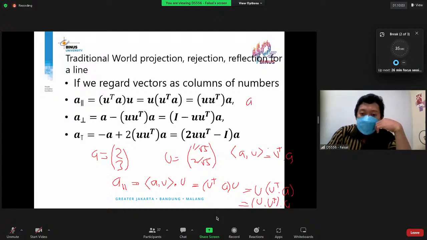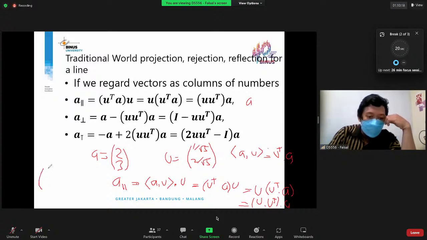So what is U multiplied by U transpose? U is a column vector, 1 over square root of 5, 2 over square root of 5.